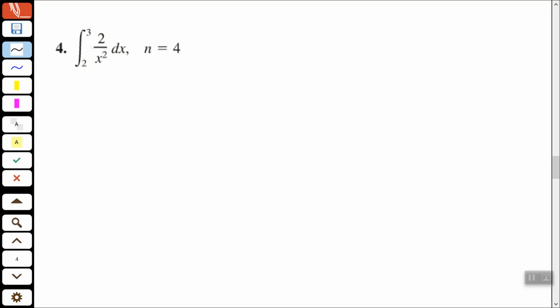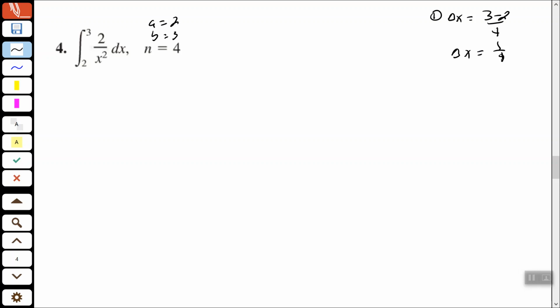All right, so first step, we need to find delta x. So step 1, delta x is b minus a over n, where a in this case is equal to 2, the lower bound, and b is equal to 3. So 3 minus 2 over 4. That gives us 1/4.